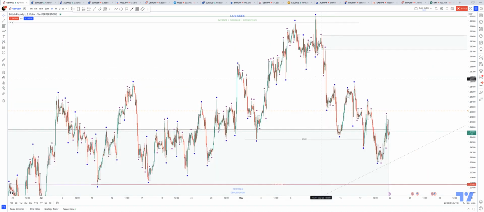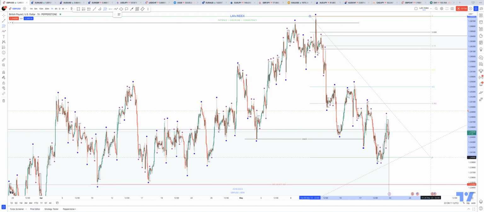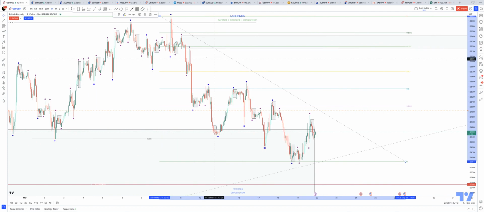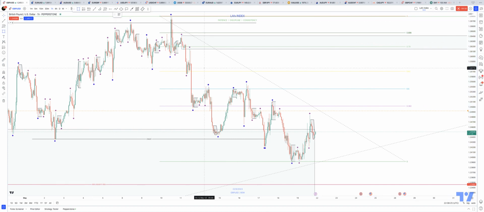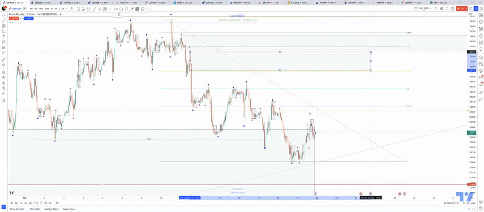So now I'm looking at a reaction in and around this area. I'm looking for a reaction in and around this area, right?